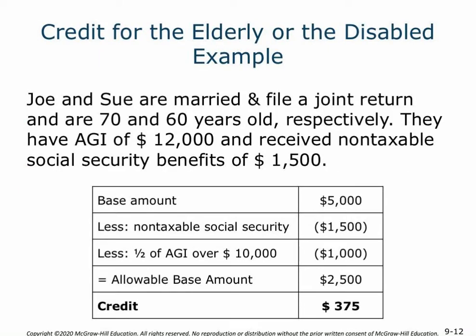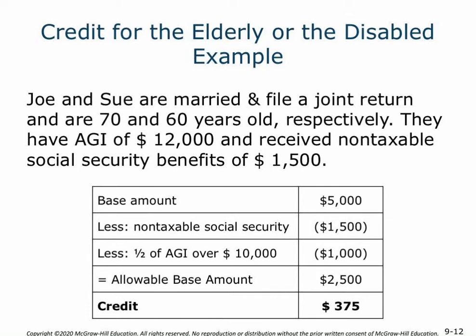We'll take a look at an example of how that's going to play out. So here, Joe and Sue are married, file a joint return. They're 70 and 60 respectively. They have AGI of 12,000 and receive non-taxable Social Security benefits of 1,500. So here they're going to take that base amount of 5,000. We're going to reduce it by the 1,500 of non-taxable Social Security they received, and then also the amount over 10,000, which is the threshold for married filing jointly.